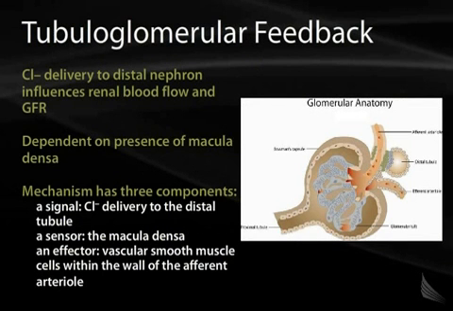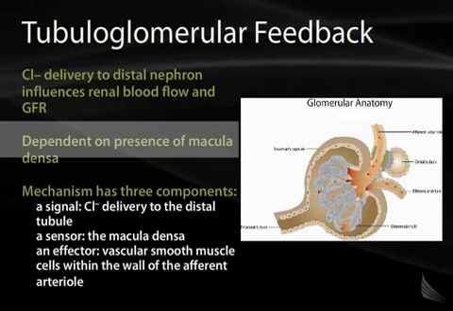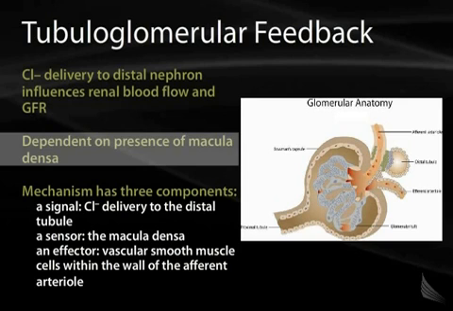The other mechanism of autoregulation is through tubular glomerular feedback. This is where the segment of the tubules that we outlined before, the macula densa, comes into play. Once glomerular filtration occurs, one of the primary electrolytes present in the urinary filtrate is chloride. Chloride delivery to the distal nephron will influence renal blood flow and GFR via the macula densa.